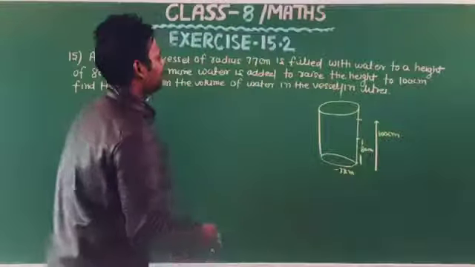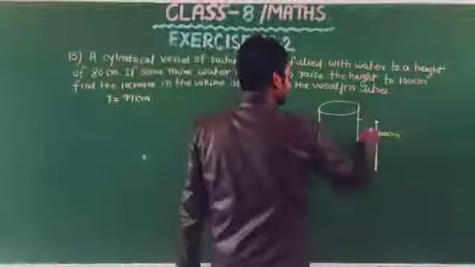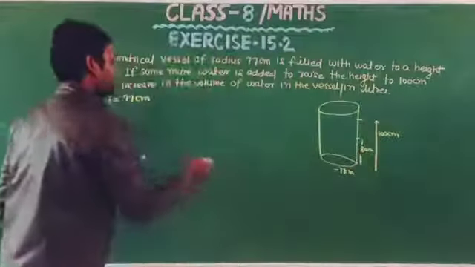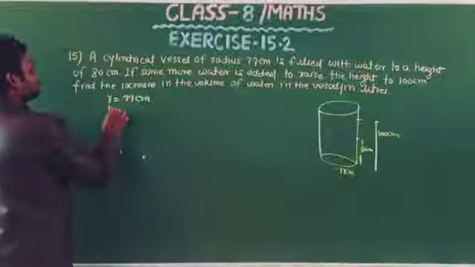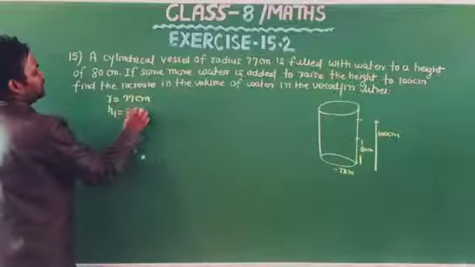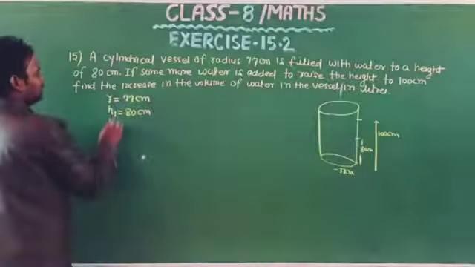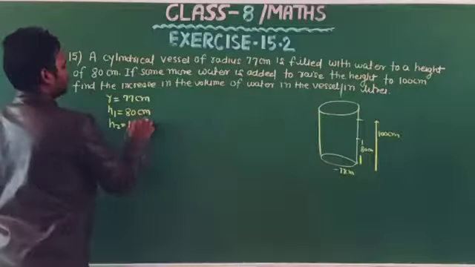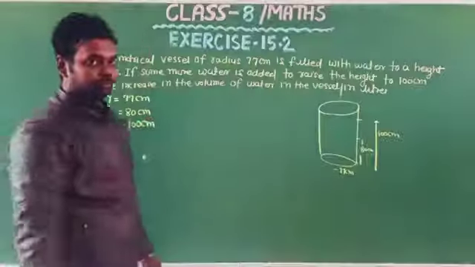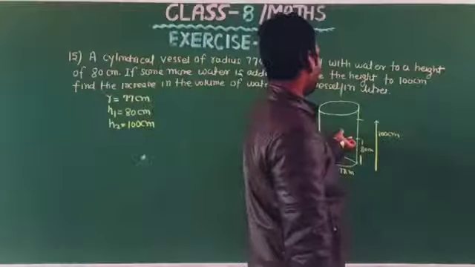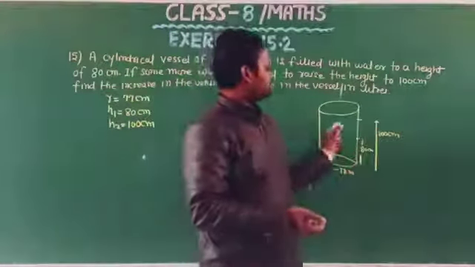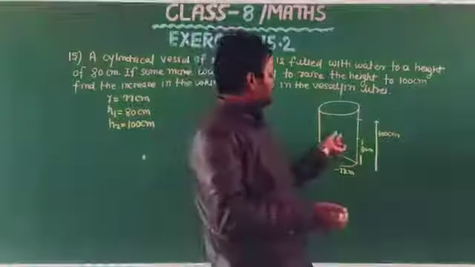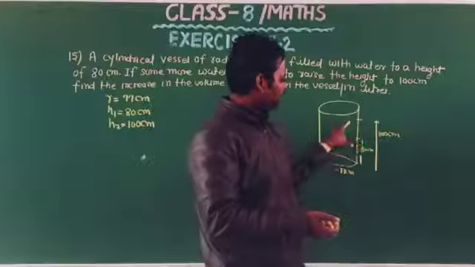Suppose the first one is height h1, equal to 80 centimeter. Another is height h2 of the water level, which is equal to 100 centimeter. The increased volume of water in the cylindrical vessel is equal to the difference of the volumes at the different heights.